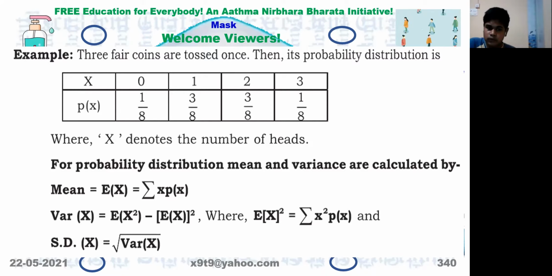Say one of them can give 1 of 6 possible values. The second one can also give 1 of 6. Then P of X will come, it will become large numbers.